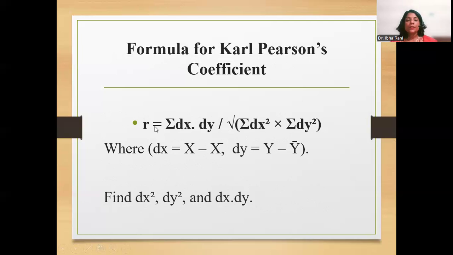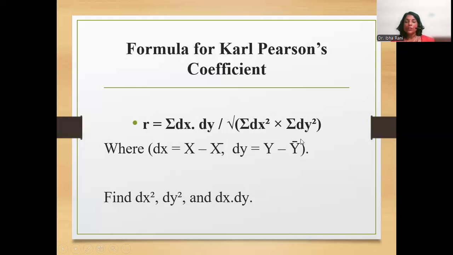It is denoted with the value of r, which can be calculated by the formula: the summation of dx multiplied by dy, divided by the root of summation of dx squared into summation of dy squared.